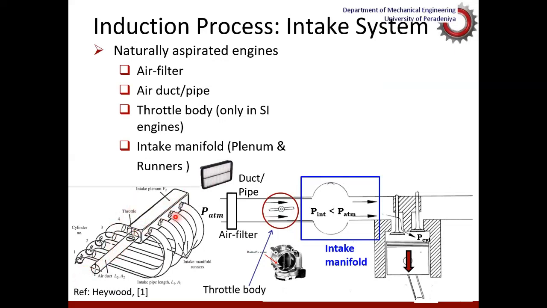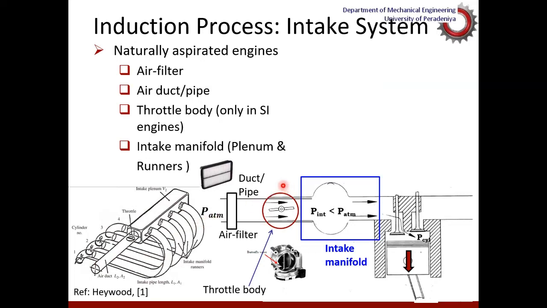And if it is a multi-cylinder engine, then this plenum would distribute this intake air into the different cylinders as required. That distribution is done through the runners, and this entire system is called the intake manifold.